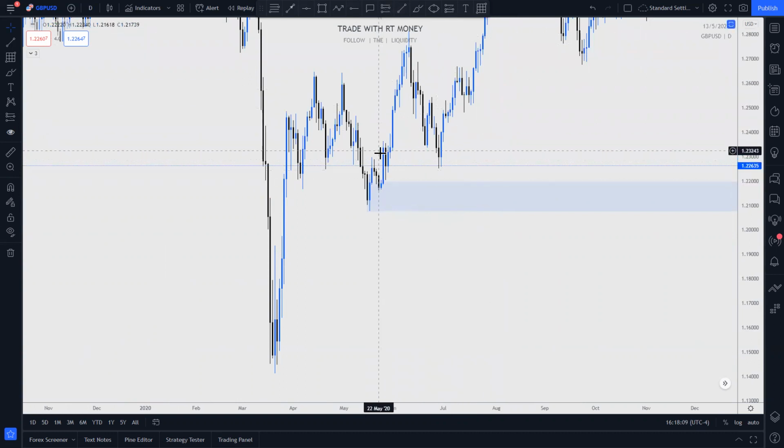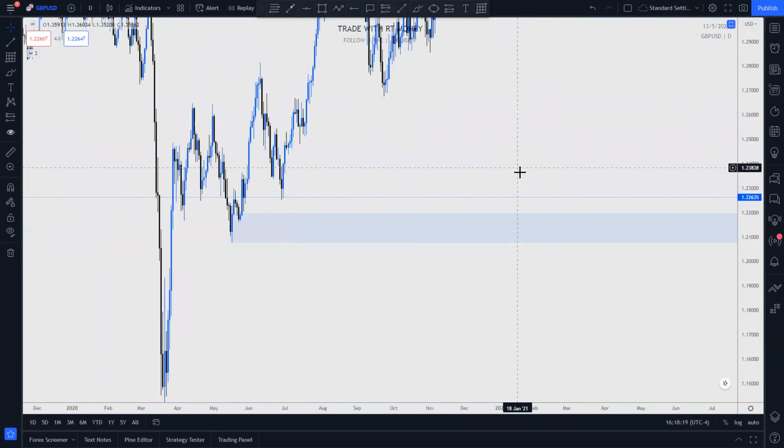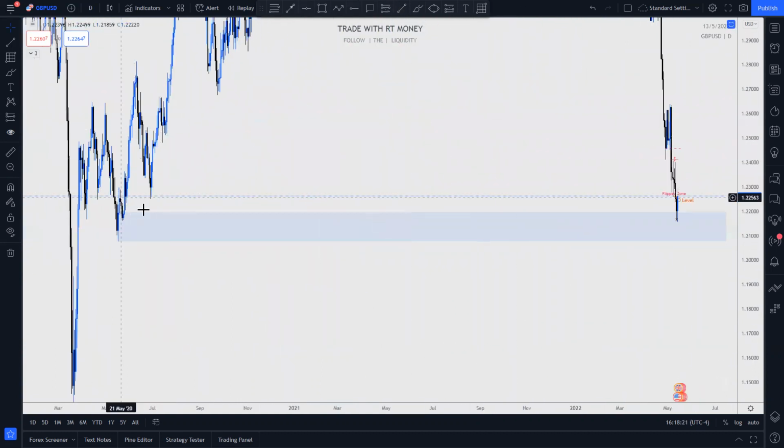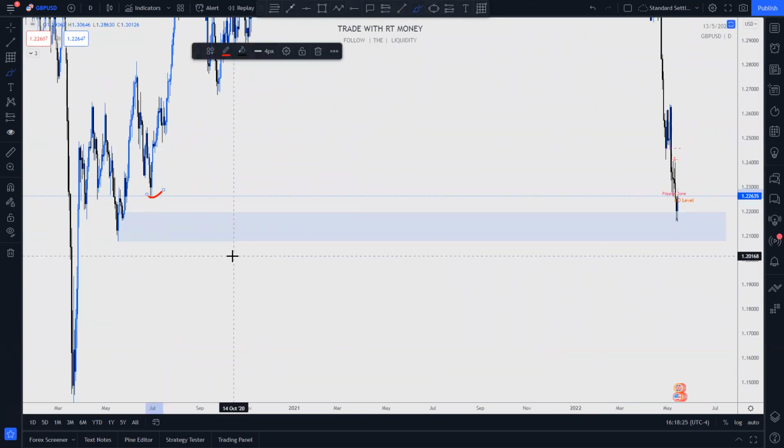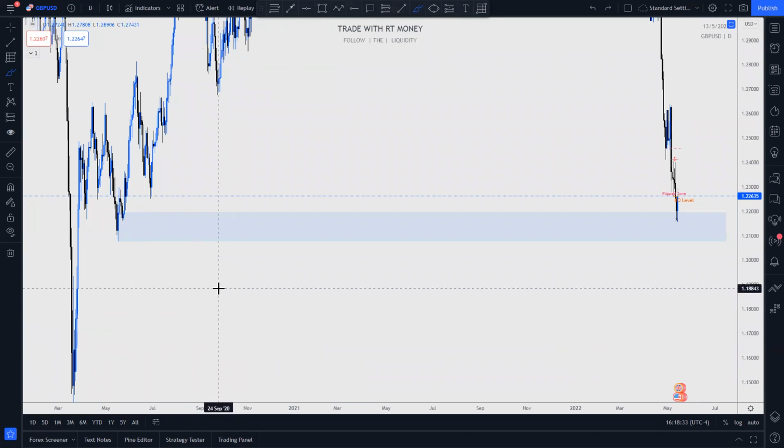But it was hitting this zone up here, okay? This is where price traded into, came back, revisited, and came back, all right? But now we have grabbed the liquidity from that low. We've broken this low. So that's why I refined the zone. Do you understand my thinking on it?